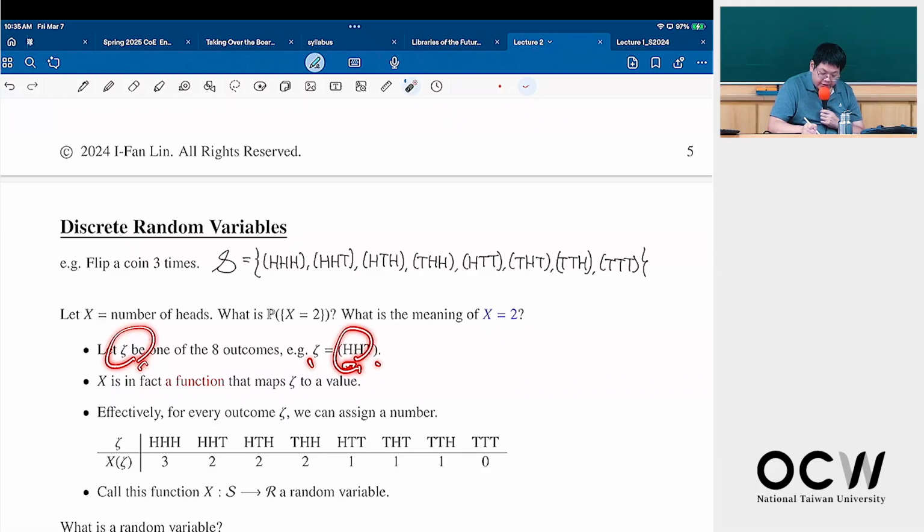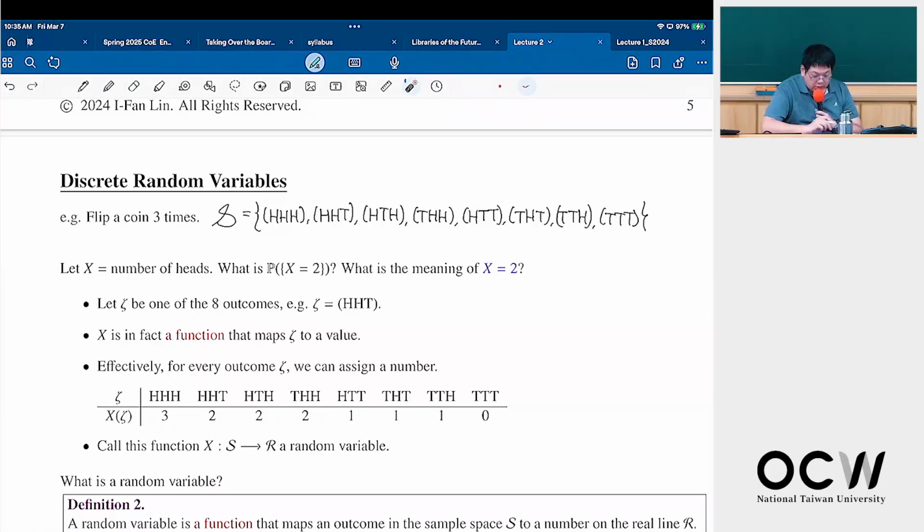I have 2 heads, okay, to a value 2. So for every outcome C, these 8 possible outcomes, we can also assign a number. For example, for C, if we have 3 heads, then I will assign this C to number 3.